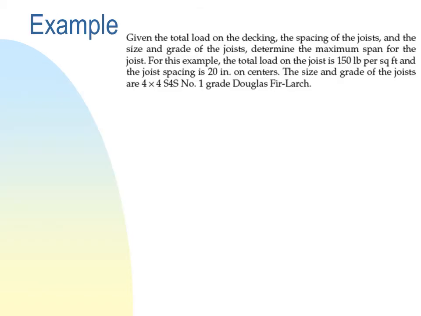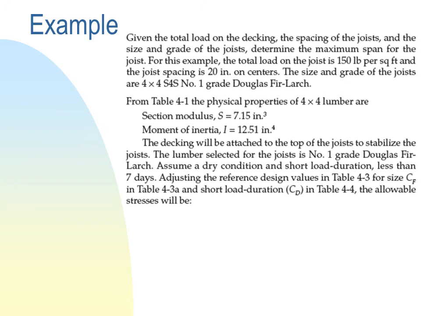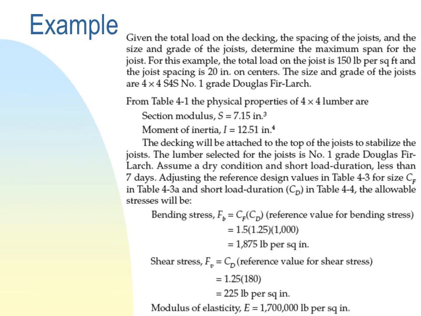So this is a very nice example. He's telling you that the load is 150 pounds per square feet, and the spacing is 20 inch, and he gave you the type of wood, which is 4x4 number 1 grade Douglas fir larch. So you go and you get the section properties, and the material properties, and you get the factors CF and CD, and so you get FB, which is CF times CD multiplied by the reference value, and FV, which is CD times the reference value, and the modulus of elasticity.